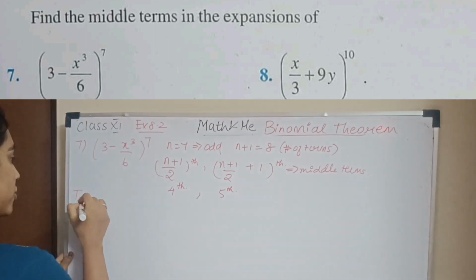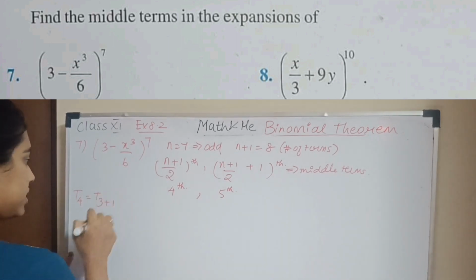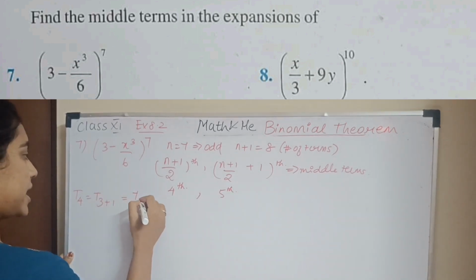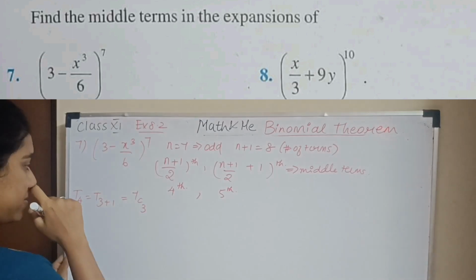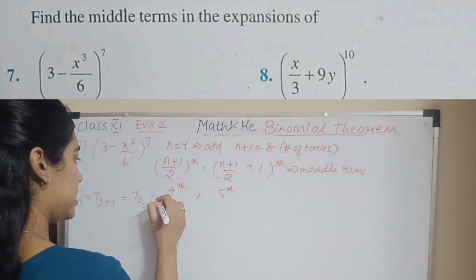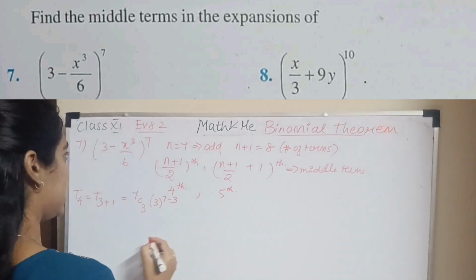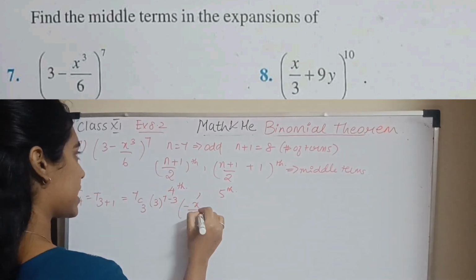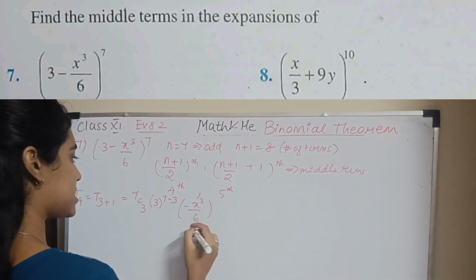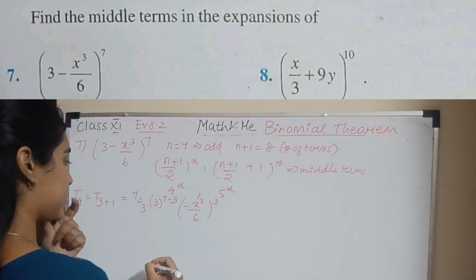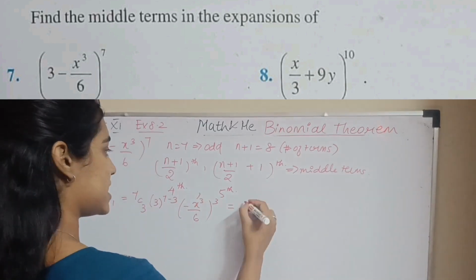So what is my fourth term? It is T of 3 plus 1, which is nC3. My n is 7, times 3 to the power 7 minus 3, times (minus x cubed divided by 6) to the power 3. What is 7C3?